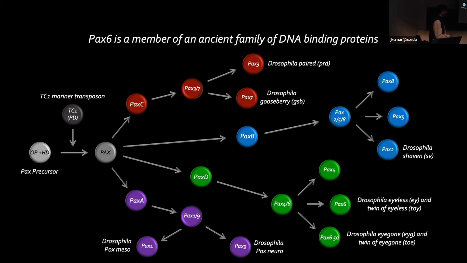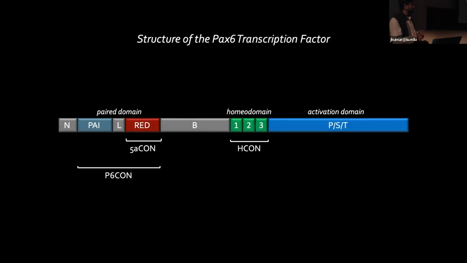In particular, we care about two Drosophila PAX6 genes called eyeless and twin of eyeless, and we'll talk about them quite a bit. I'm just going to bring up their structure for a moment to remind you that there are two domains, a paired domain and a homeodomain, and there is an activation domain at the C terminal, a PST activation domain.